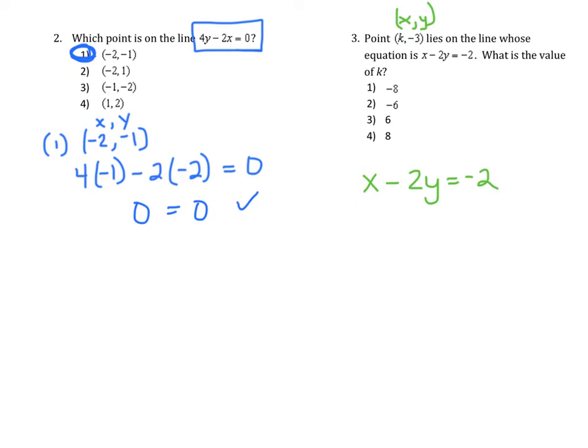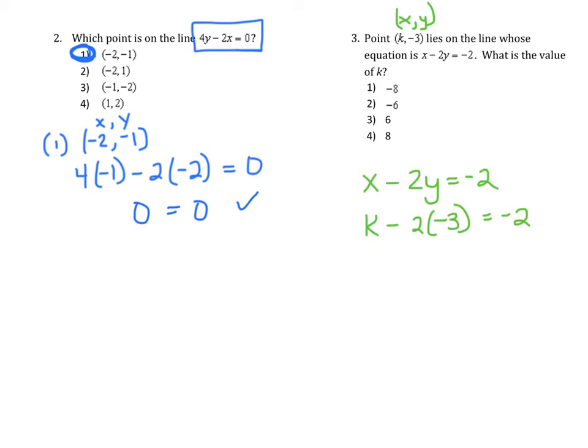Basically, I am going to do just what I've been doing all along. I'm going to put the k in for x and the negative 3 in for y. So I have k minus 2 times negative 3 is equal to negative 2. But instead of just checking if the left equals the right, this time I need to solve for k.